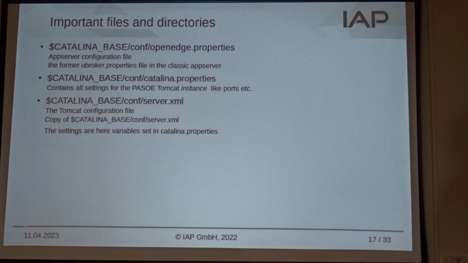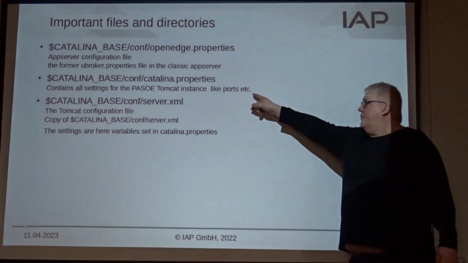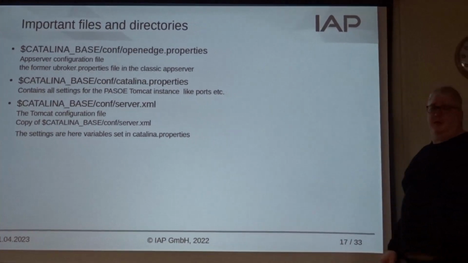If you have several instances, then each Tomcat needs its own port range, and that is what you have to set in the Catalina properties. Normally, you do not have to set it by hand.